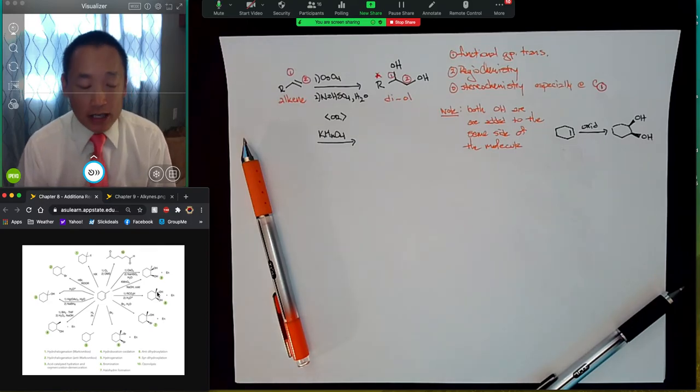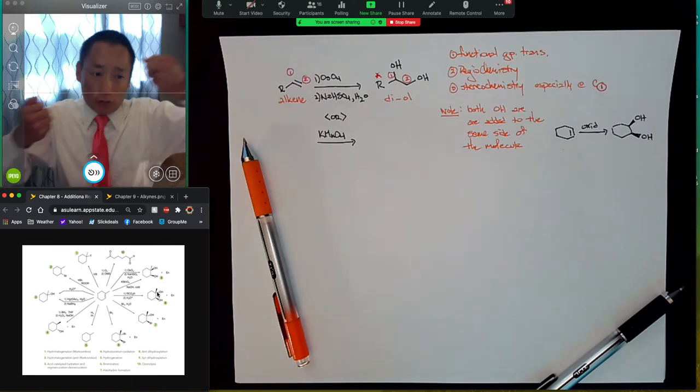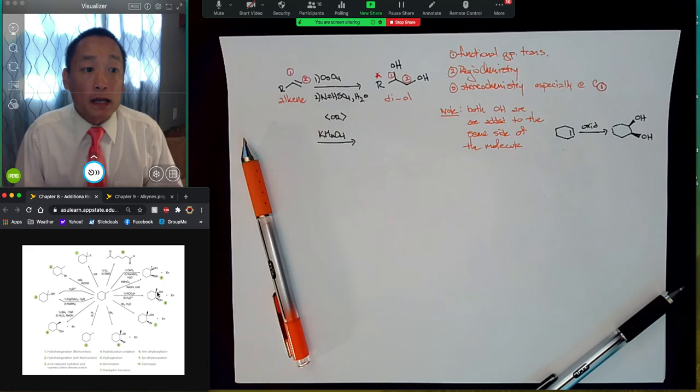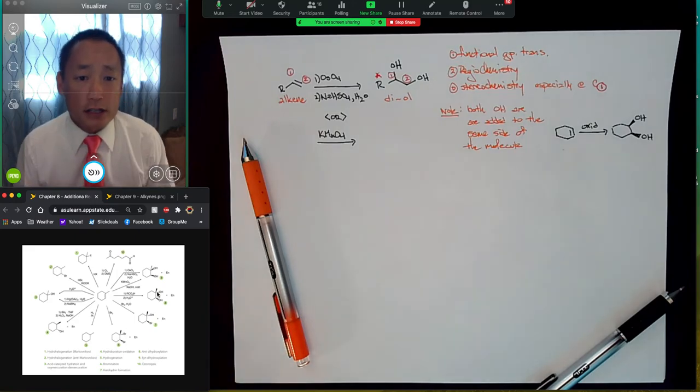Kind of like the old example that I just gave you where I thought about, let's rip this double bond apart and see what types of products we could make. Is there a nice, easy way to look at these reagents and think about what the heck is the transformation that's occurring?